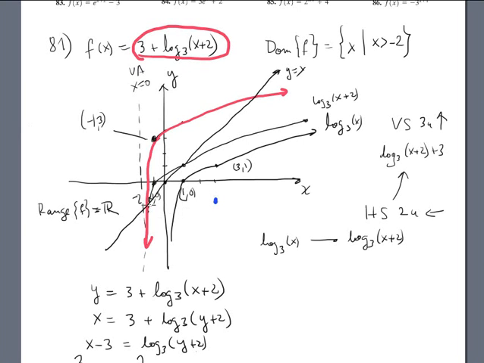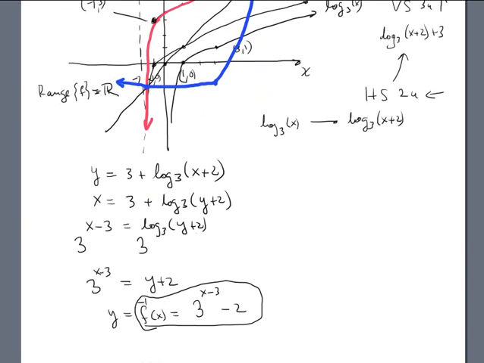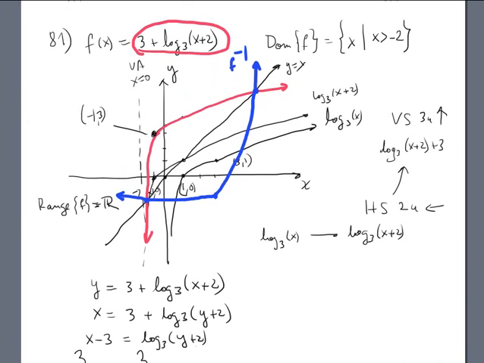Okay, so this is another common point, and this is another common point. And this is the inverse function. The expression for the inverse function is 3 to the x minus 3, minus 2.